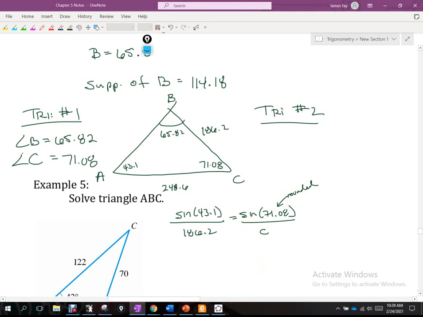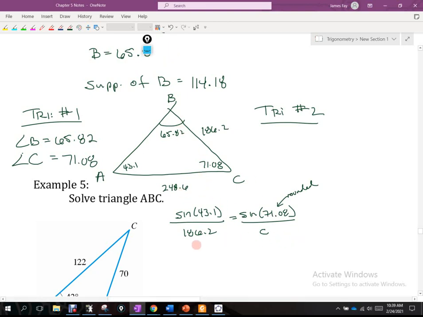So if I use that number, I've got to pay attention to how my WebAssign wants the answer. Does it want me to be precise to 2 decimal places, 3 decimal places, 4, whatever. If it says answer to the nearest hundredths, then I better not use 71.08. I better go 2 or 3 more decimal places out beyond that to guarantee that my hundredths is not impacted by rounding error. Okay?